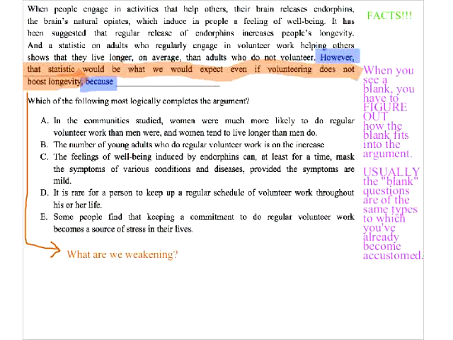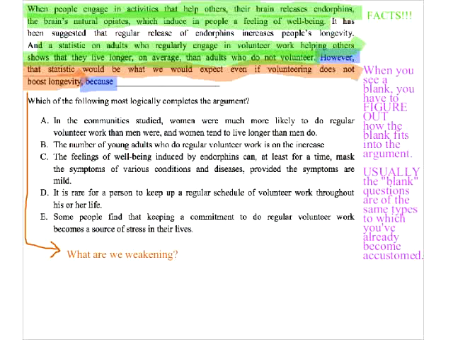Facts are facts are facts. If something is a fact, you're done. You can't question it. So this is stated as a fact. This is another fact. Like, these people really do live longer. That's not something you can question.